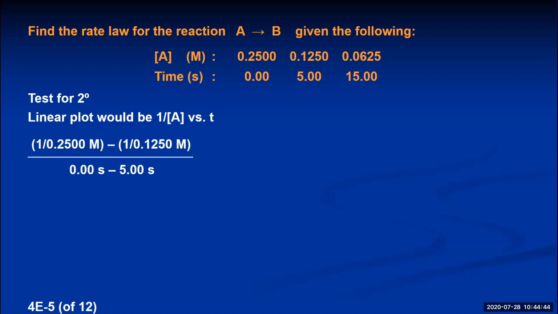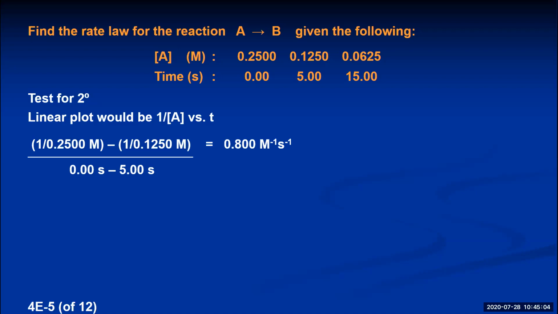Now, the numerator does have a unit now. The numerator has a unit of 1 over molarity, or molarity to the minus 1. And we have seconds in the denominator, so that's going to be seconds to the minus 1. So the final units of our slope is going to be molarity to the minus 1 seconds to the minus 1. And if you calculate it, it comes out 0.800.